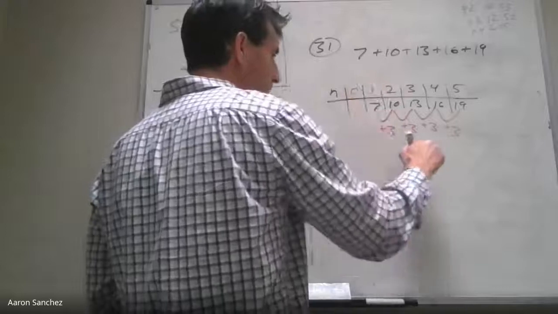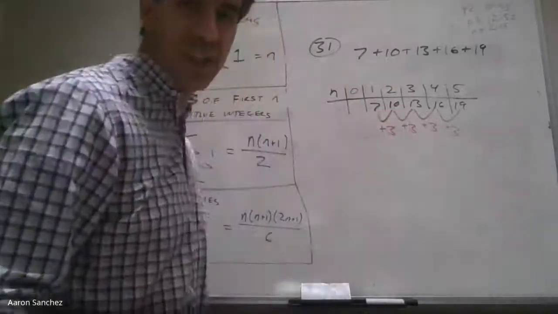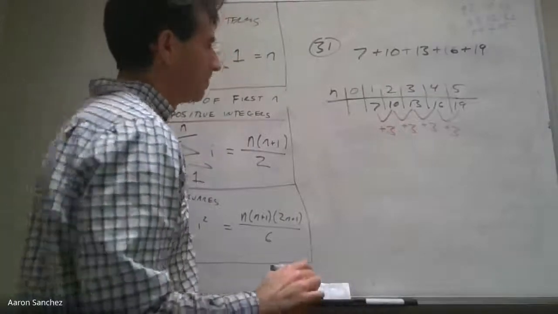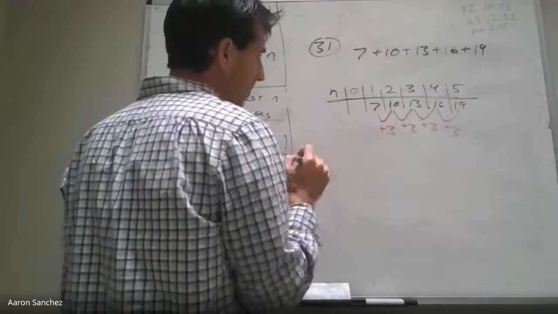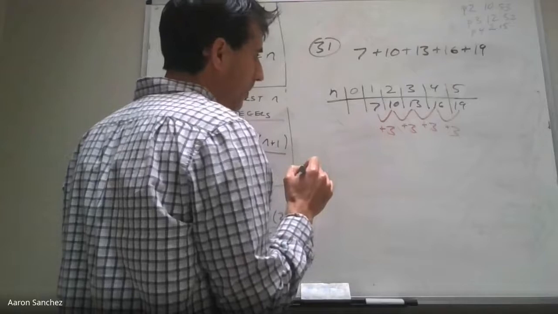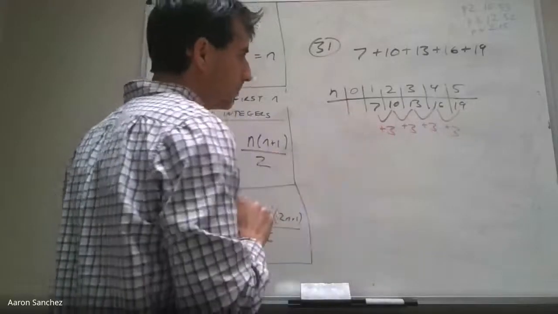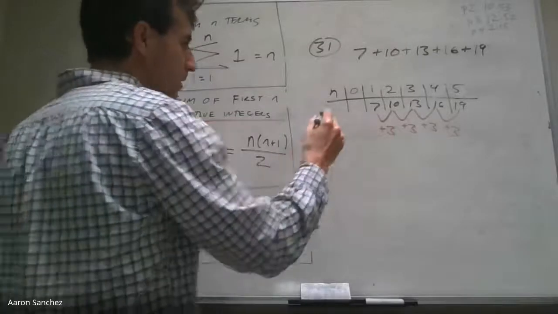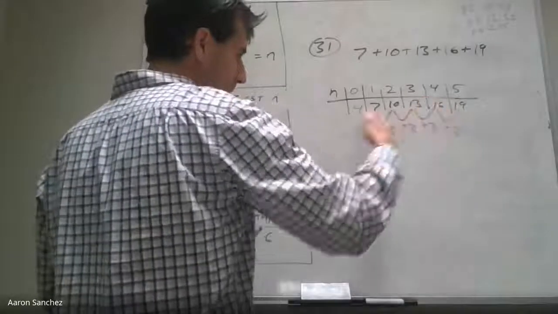It's linear because it's all adding by 3. Brett, what's my 0 term going to be? 4. How'd you get that? Minus 3. So if you add 3 going this way, you subtract 3 going back.